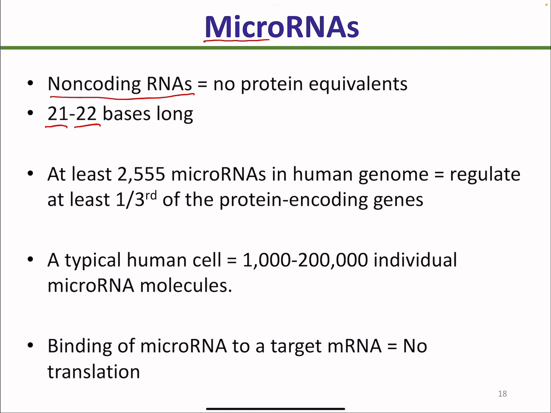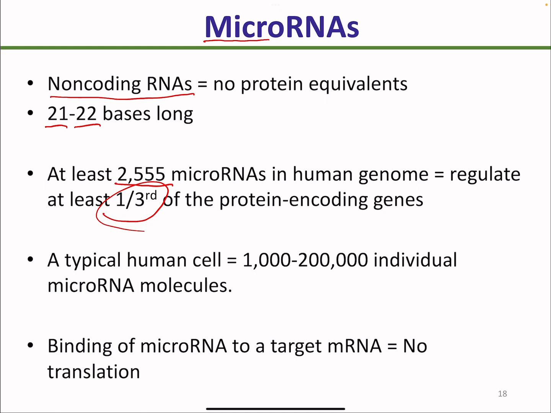Then, when we look at our genome, there are at least 2,555 microRNAs. These microRNAs are going to regulate at least one third of the protein-encoding genes in our genome.